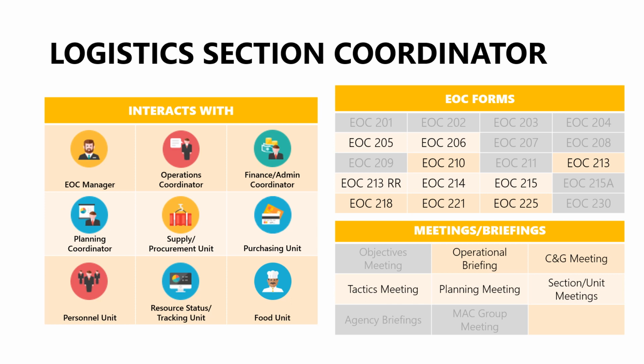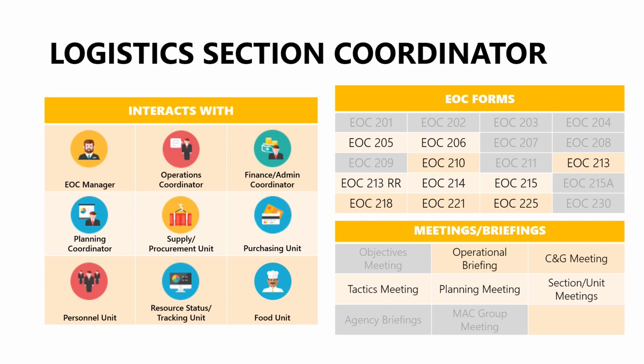They're going to ensure that the supply and personnel units, if activated, coordinate relevant activities with appropriate units within the various EOC sections. They're going to ensure that all resources are tracked and accounted for in coordination with the resource tracking unit, as well as any resources ordered through mutual aid.